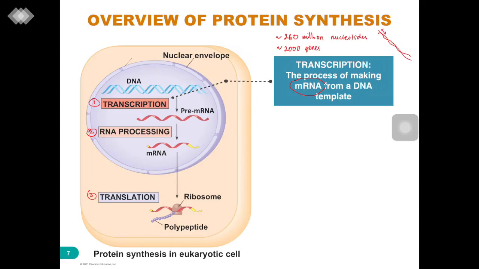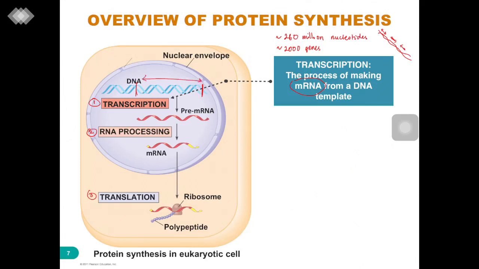For example, we have gene number 1, gene number 2, gene number 3, up until 2,000 genes. Imagine your cell only wants to produce one protein. Instead of copying the whole part of the DNA, what happens during transcription is the information copied is only the segment needed for protein synthesis.